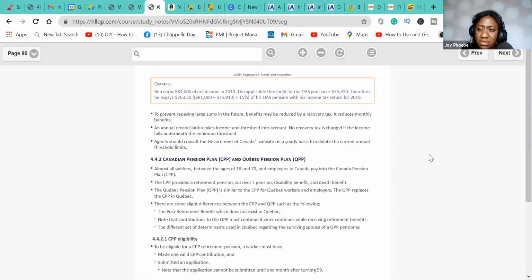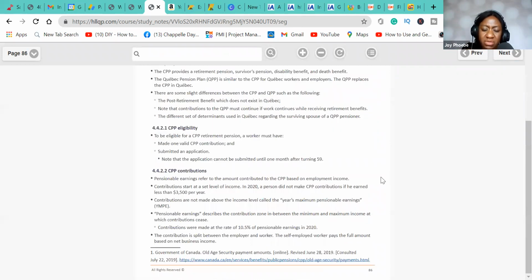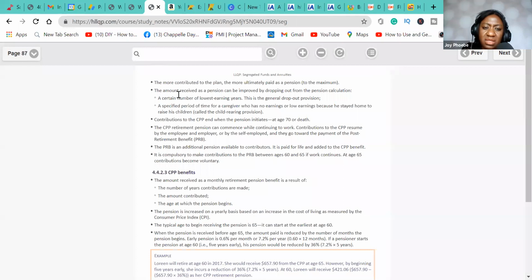Okay, so moving on to CPP benefits. The more contribution to the plan, the more is ultimately paid as pension, up to the maximum. The amount you receive as a pension can be improved by dropping out from the pension calculation a certain number of low earning years.